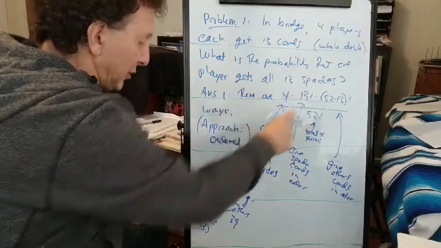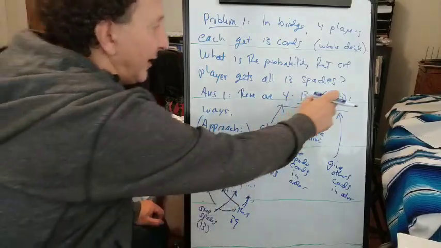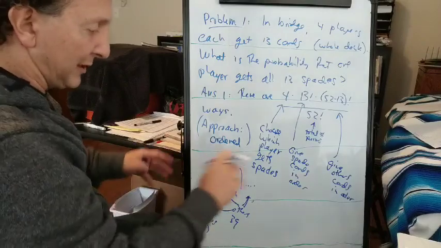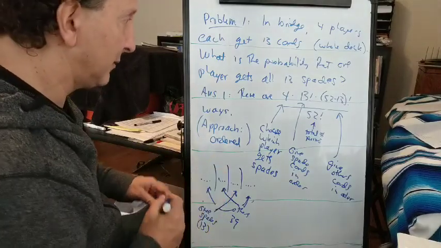We've got 13 factorial ways of putting the spades somewhere, and then 39 factorial ways of putting the other 39 cards in the other 39 blanks.